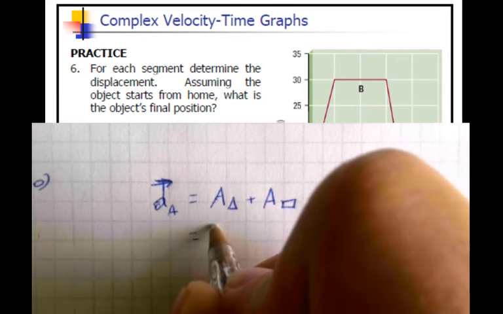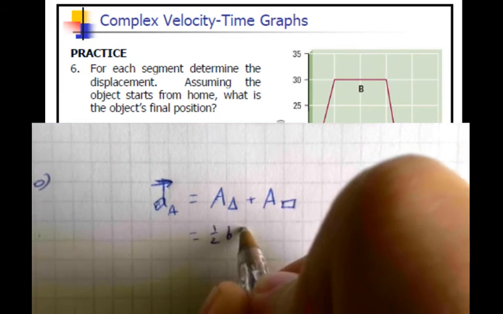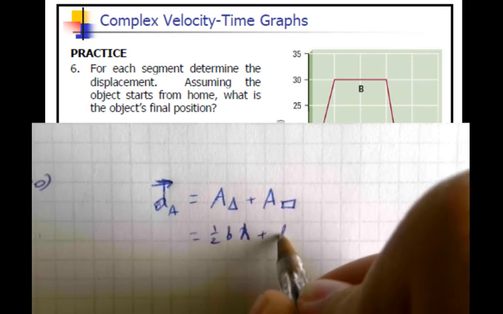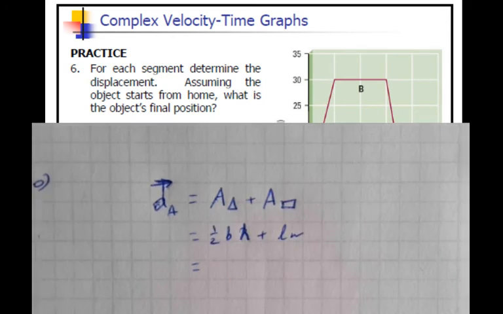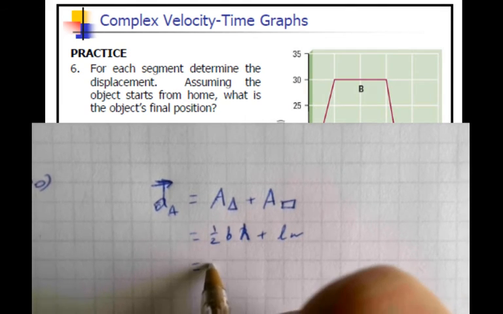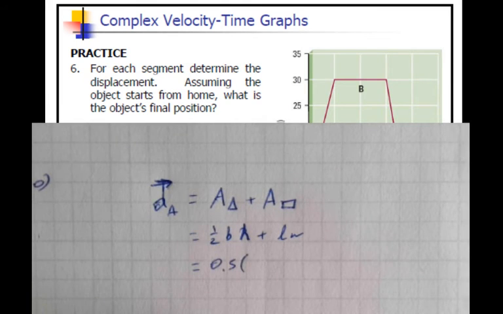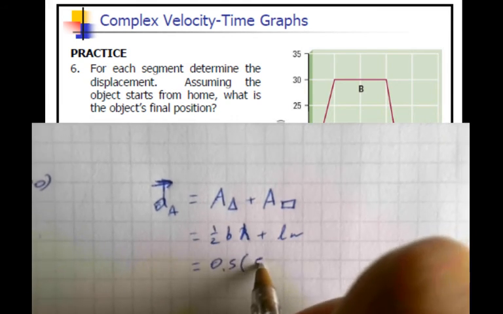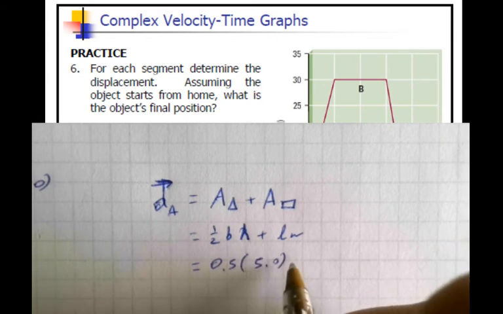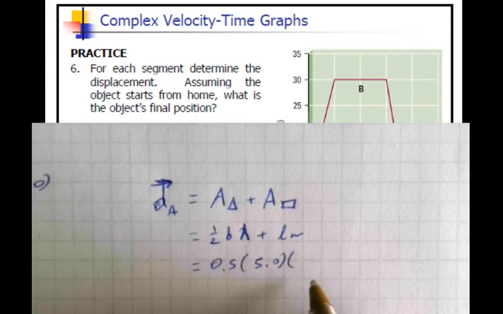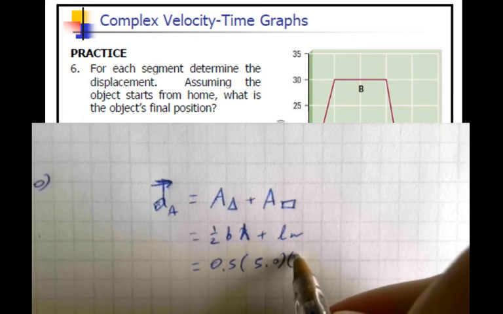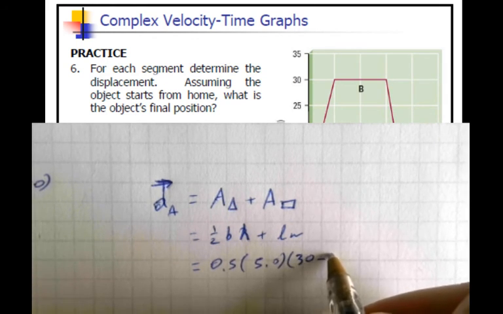That is 1/2 base times height plus length times width. 1/2 of the base, the base here is 5 seconds. The height goes from 30 to 10, so that is 30 minus 10.